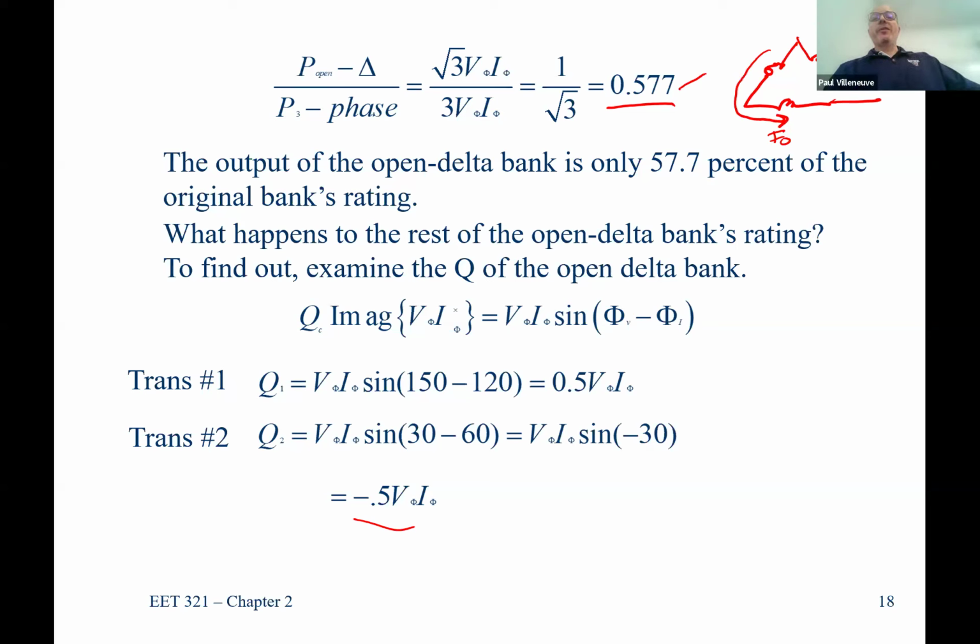And if you open this delta and put a little resistor over here, you actually can monitor that zero sequence current. So it's a way of forcing a ground onto a system without having it there. So this is a broken delta, not an open delta. Open deltas are way less common than broken deltas, and even broken deltas are not that common anymore because of all the new relaying schemes. They make it so that you don't have to have this configuration like you used to.